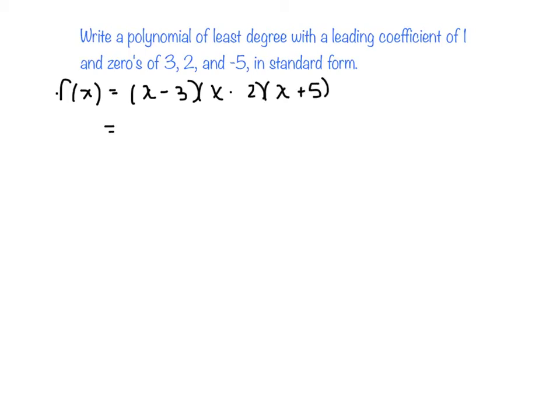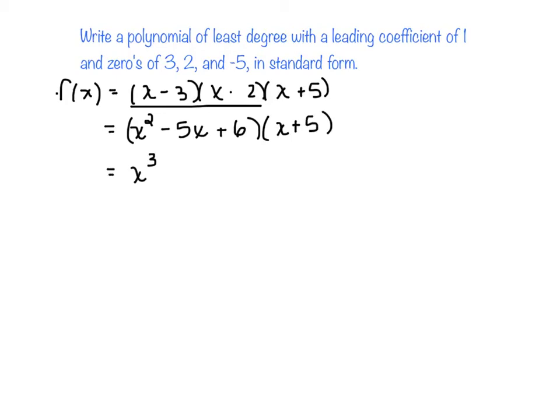And I'm going to get that in standard form, so I'm going to multiply those 2 out and get x squared minus 5x plus 6. And now I'm going to multiply these out, and I'm going to get x cubed plus 5x squared, sorry, minus 5x squared minus 25x plus 6x plus 30.